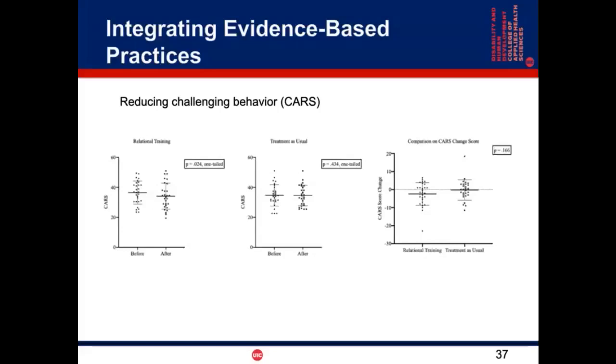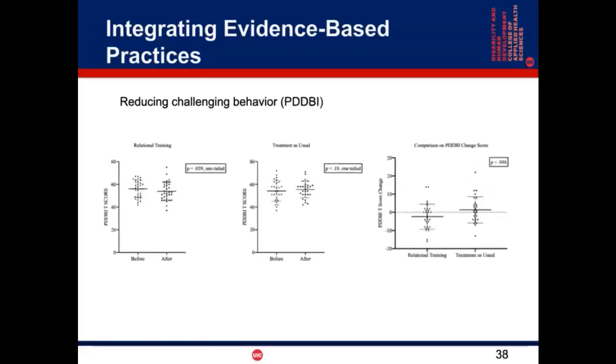Again, these are mean changes in behavior and reporting. Next slide. And then with the PDD-BI, another index, here we see, again, relative differences between the treatment and the control groups. So, what we can conclude here is that, number one, not all ABA is created equal.